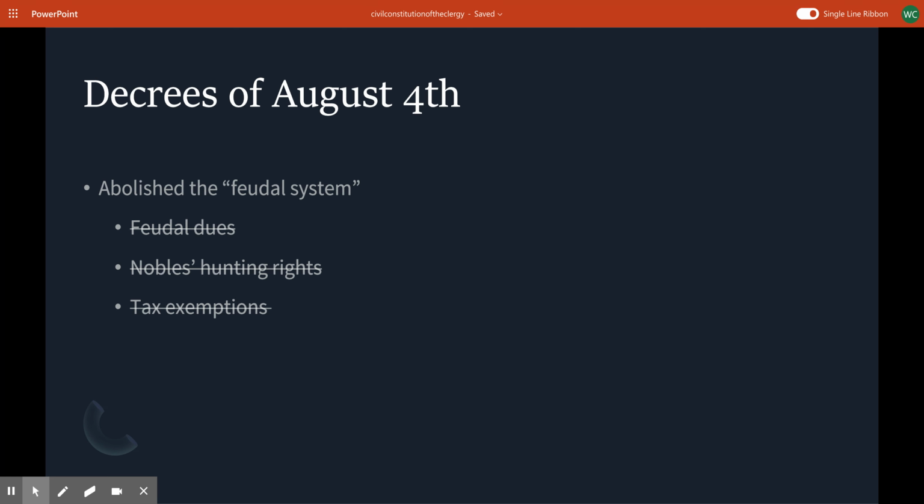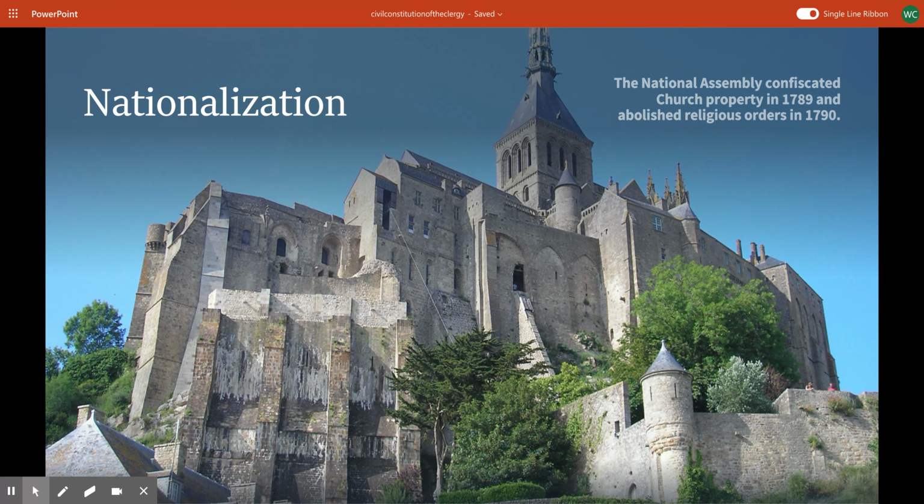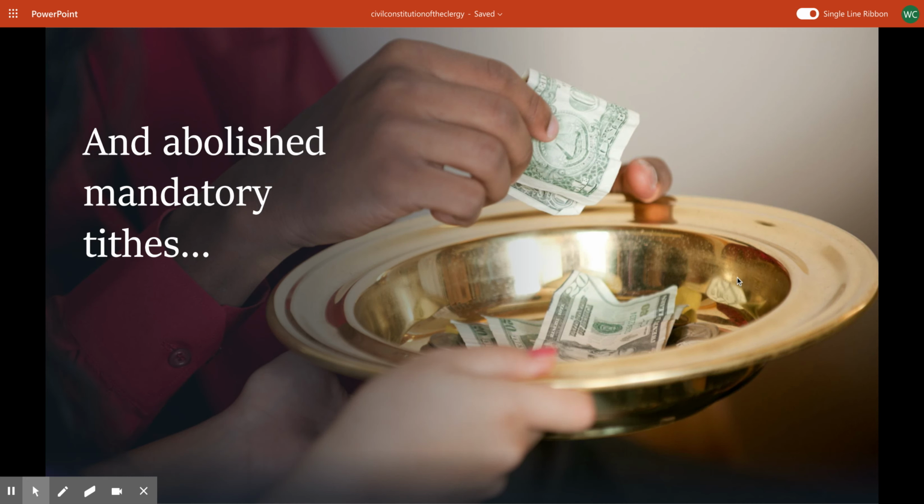So first of all, in 1789, the National Assembly confiscated church property, and in 1790, they abolished religious orders, nuns, monks, all of that kind of stuff. And the National Assembly abolished mandatory tithes. A tithe, if you aren't aware, is when you give money to the church.